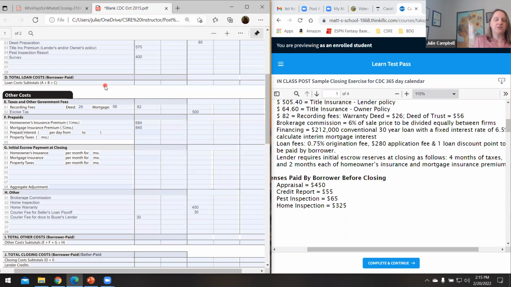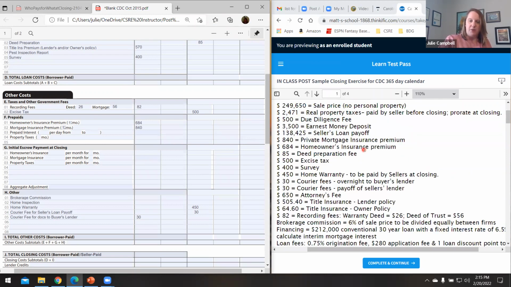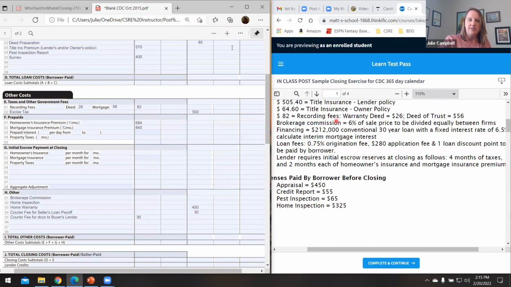Commission. This is important, isn't it? We think so. Commission is 6% of the sales price. Seller pays unless you're told otherwise. So we need to go, or I do, because my brain doesn't remember that. $249,650 is our sales price, and the seller has agreed to pay 6%.